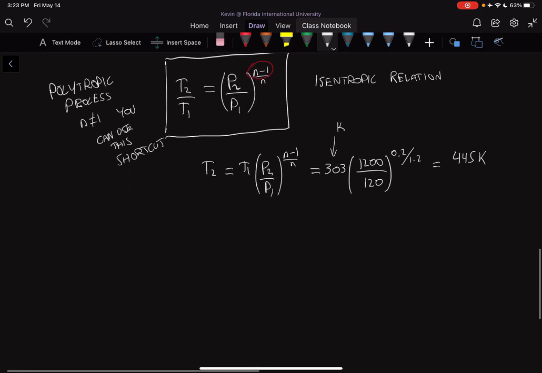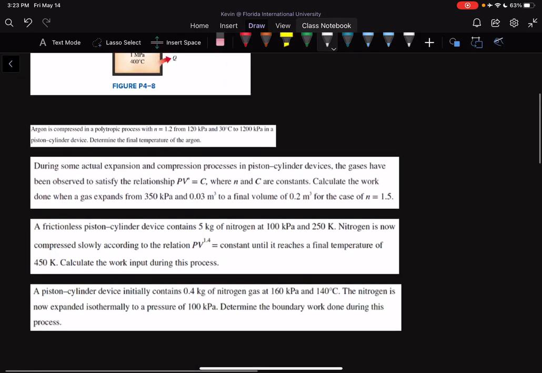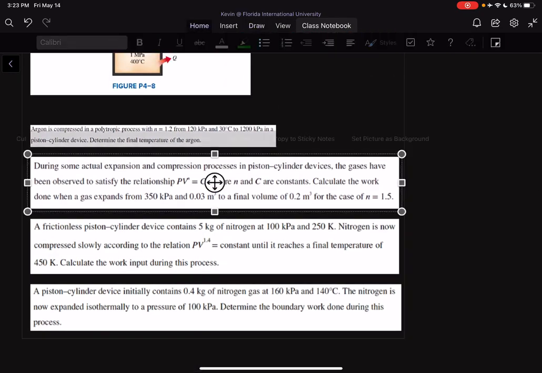Okay, so let's do a second example now, which is going to be slightly different. And let me copy over the example from our handout.